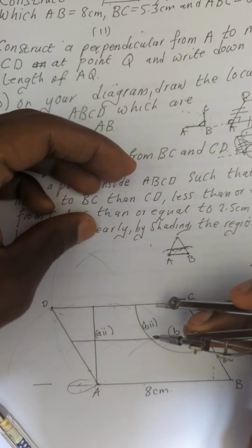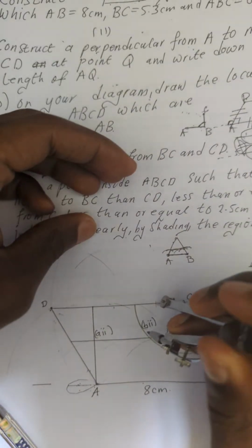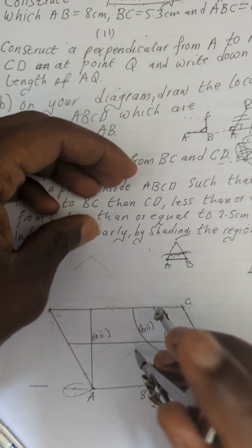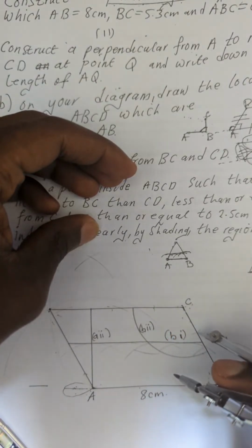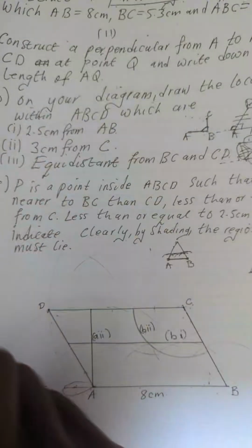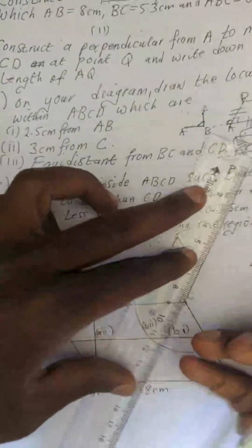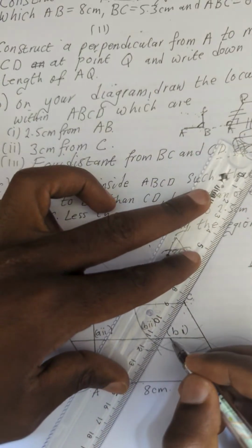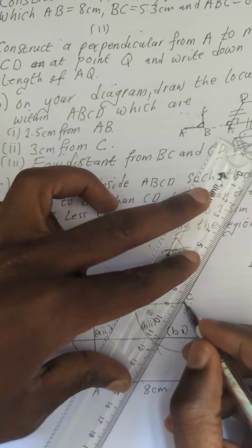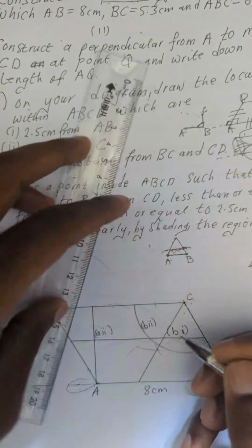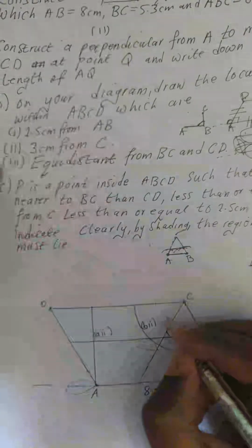We stand on the arcs, then I'll extend it a bit, and do an arc from each. Where the arcs meet, that's where we draw the line. So this line should pass through here and through C, like so. This is our B3.